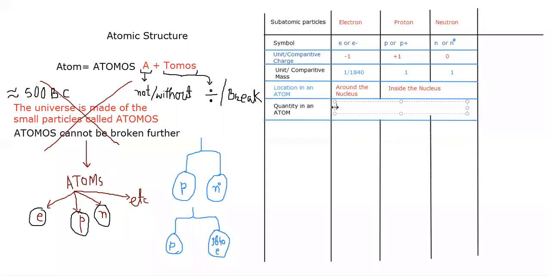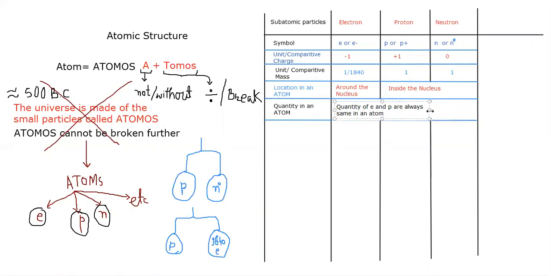The quantity of electron and proton are always the same in an atom.